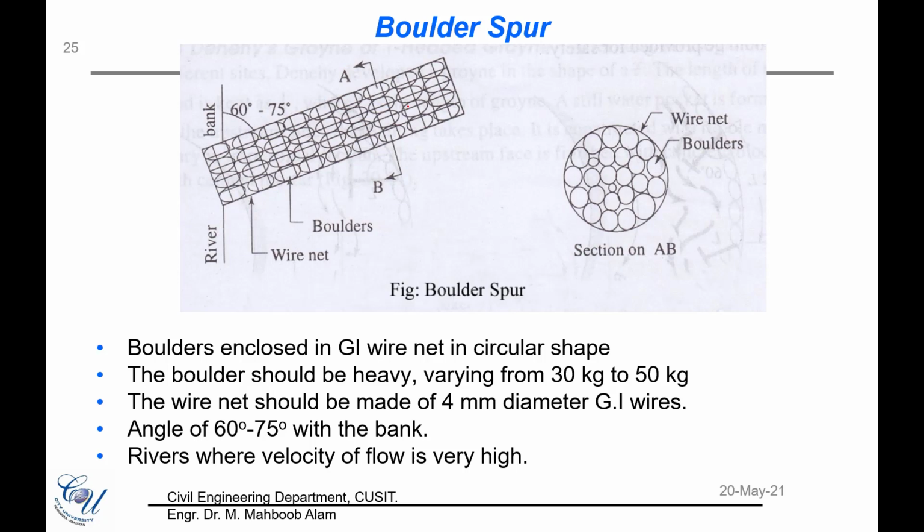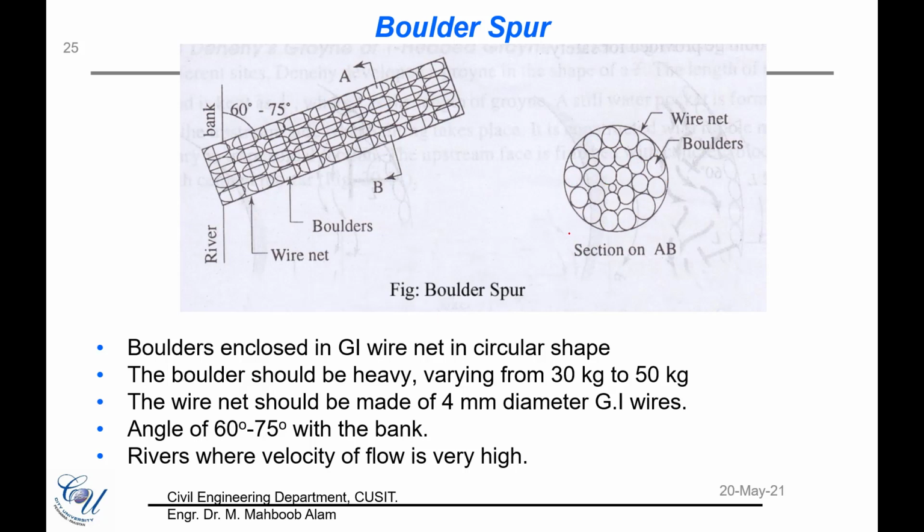The angle of their construction is the same. They are almost 60 to 75 degrees towards the direction of upstream water. And if you see the section, as I said earlier, they are circular in shape. You have these large boulders which are wired through these GI wires.